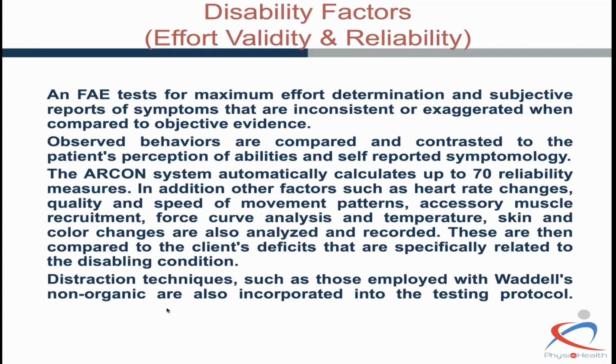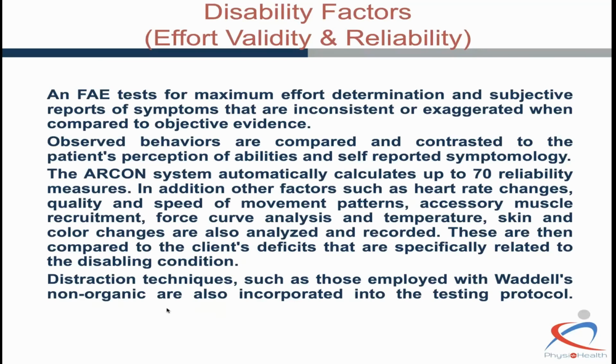Anything over 10% variation is determined not to be a reliable performance. So what we're looking for is consistent performance through 3 trials. You may have difficulty doing the 3 trials, being slower, but that doesn't mean it's unreliable, because you're typically going to have that same performance across the 3 trials.